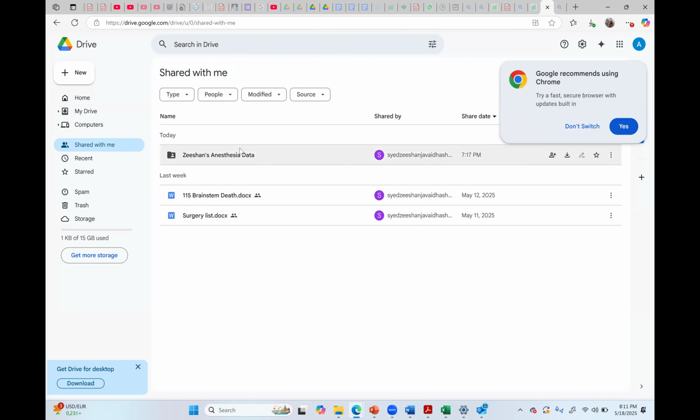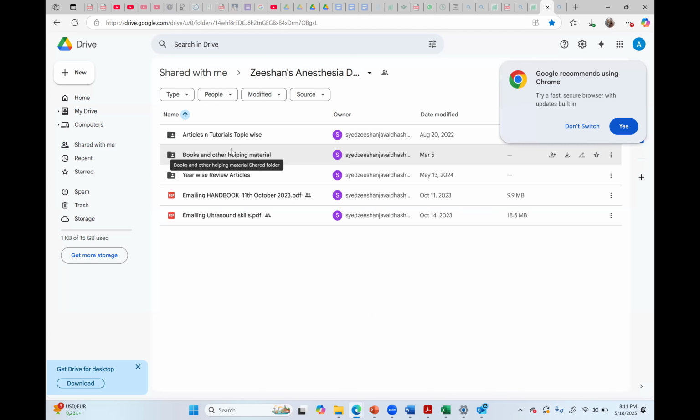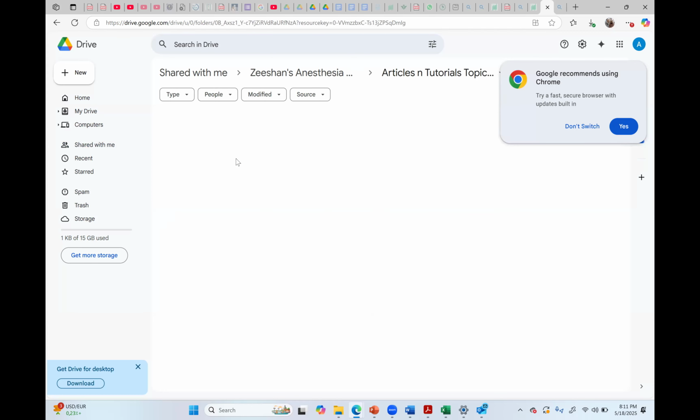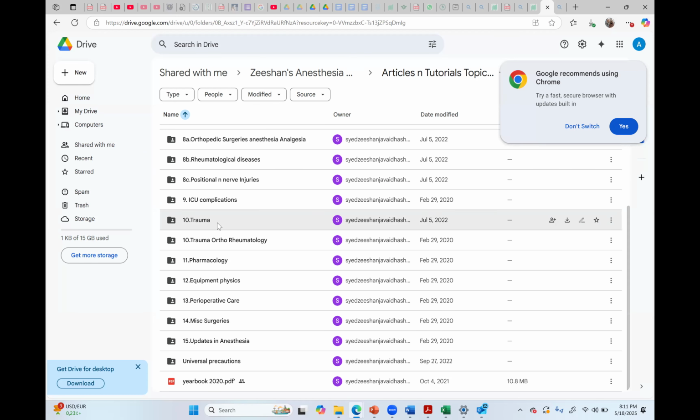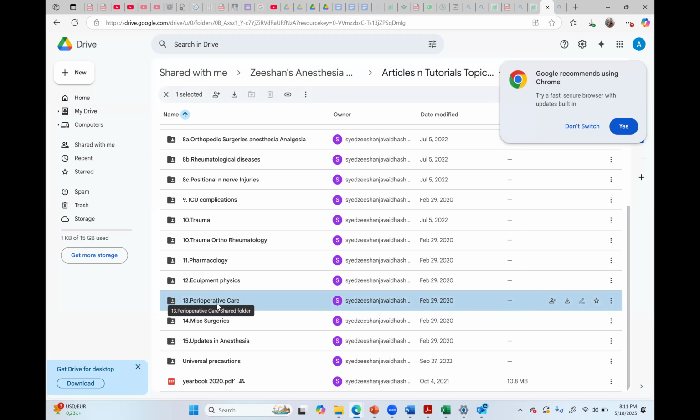Because these review articles are written in such a beautiful way that they give you a very compact view. You can open it like a gallery, and you don't need to read each and every line of the article. You just have to understand what the topic is, and then you can scroll through it and make your own list.